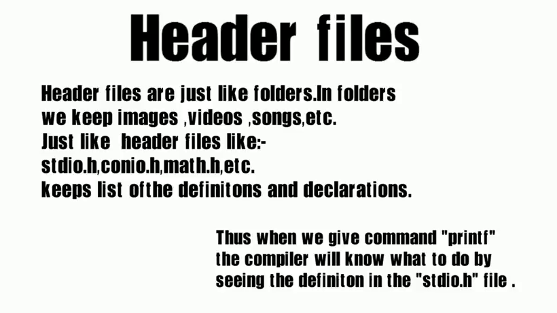As in real life we see a math book contains the formulas of mathematics, not of Sanskrit. Likewise, a header file like math.h defined in the C library keeps the definition of square root and many other functions.